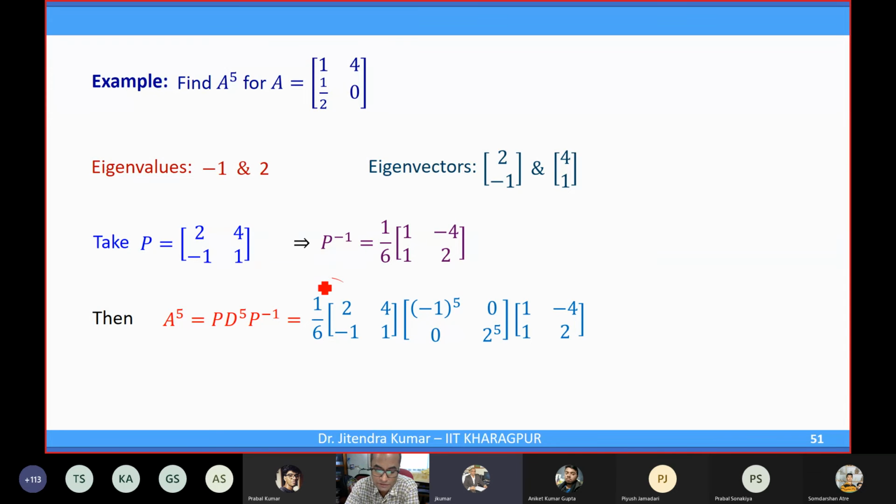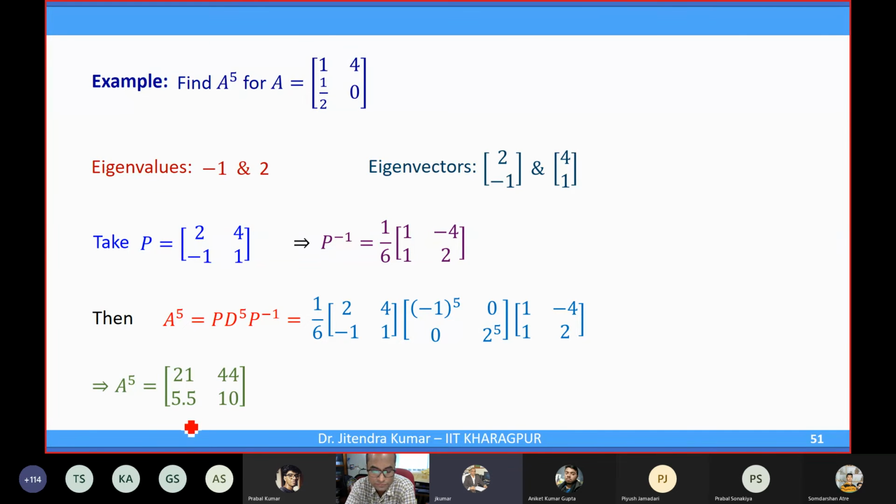And when you put in your P and your P inverse, D power 5 is simply -1 power 5 and 2 power 5, because the diagonal entries of D are the eigenvalues -1 and 2. So you have -1 power 5 and you have 2 power 5. And then you multiply this. So only 2 times you are going to multiply it, and you will get the answer.